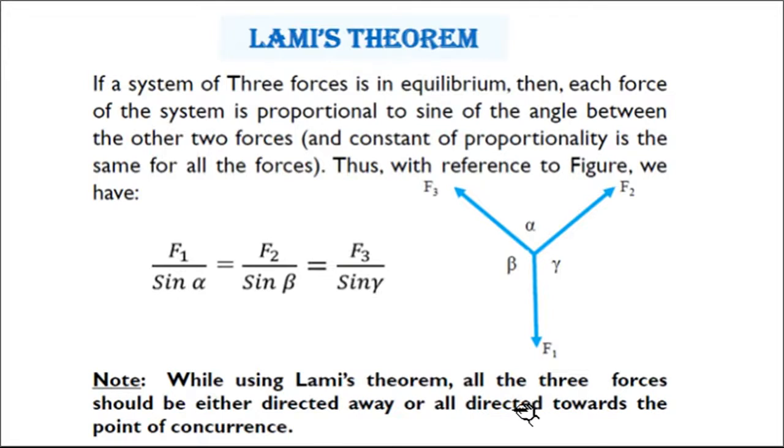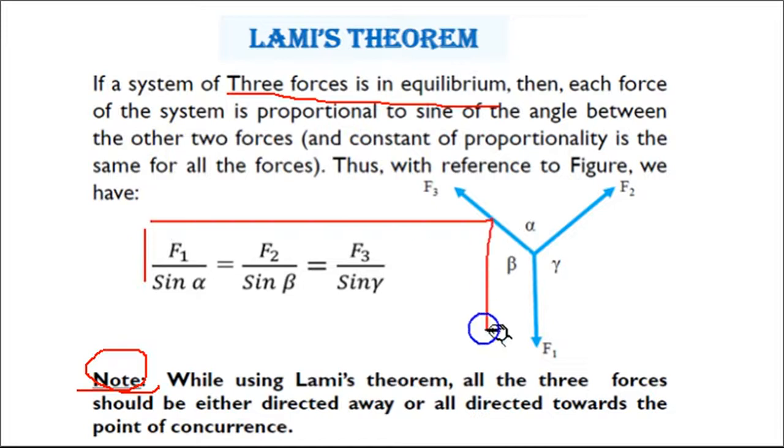The same thing I have discussed here, but one additional thing I have given here, the limitations of Lami's theorem. It is also called the law of three forces, because only three forces are acting in the system. The limitation of this law is that it cannot be used for two forces, or for more than three forces.